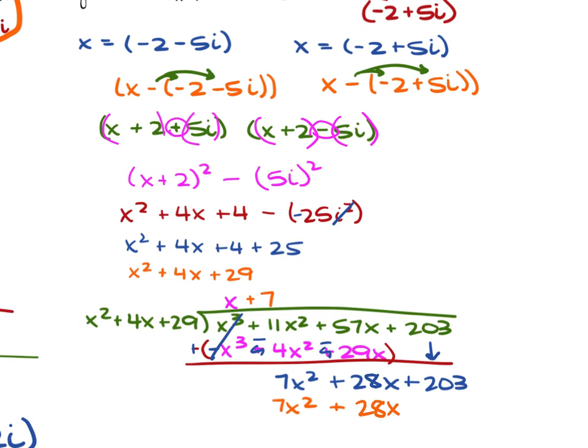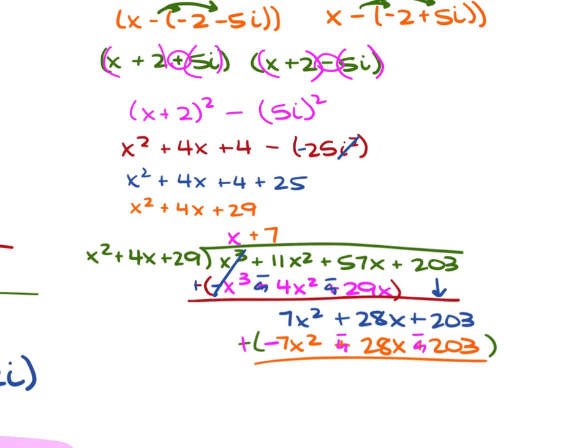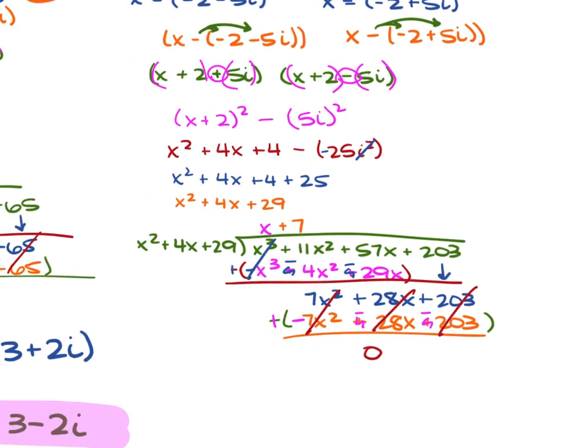And then this 7 times 29 is also 203. So we're going to subtract these, switch the signs on everything. The 7x squared cancel, the 28x's cancel, and the 203 cancel. So we have 0 left over.